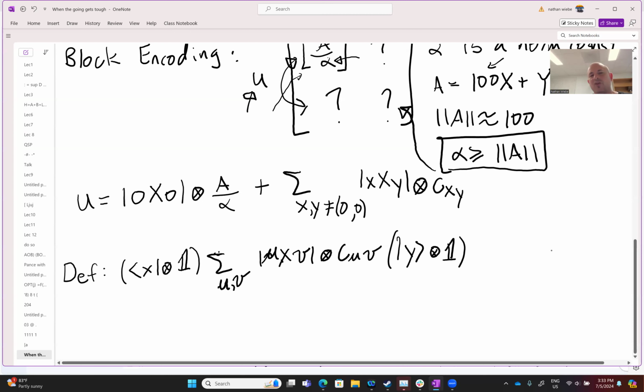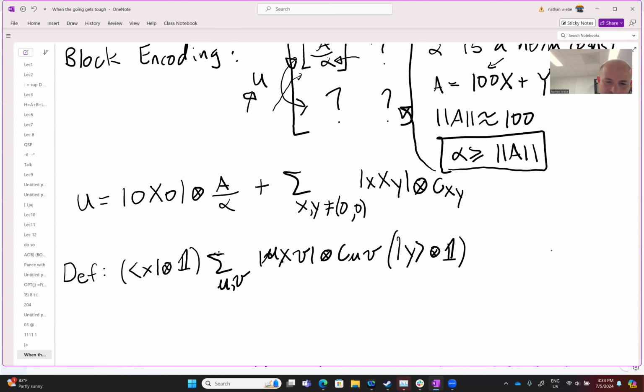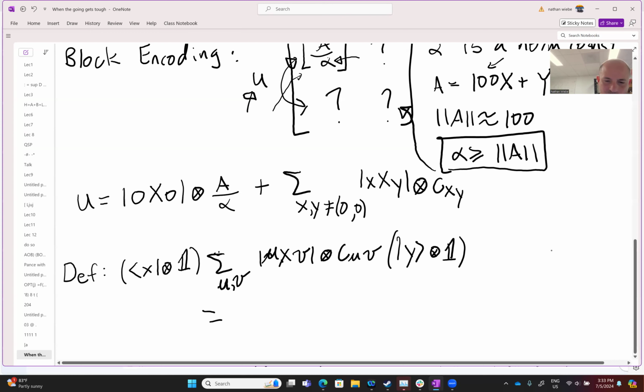We define this notation down here in the following way. This is just going to be simply equal to C_xy.